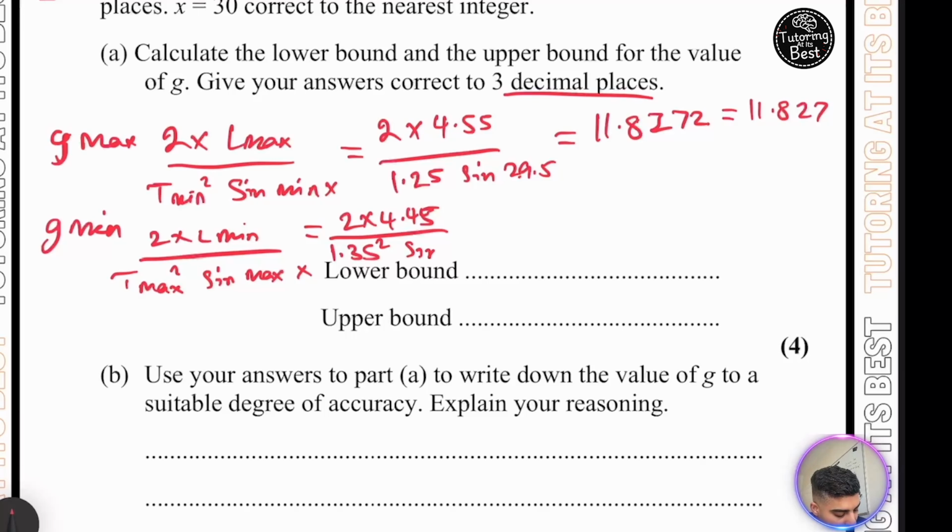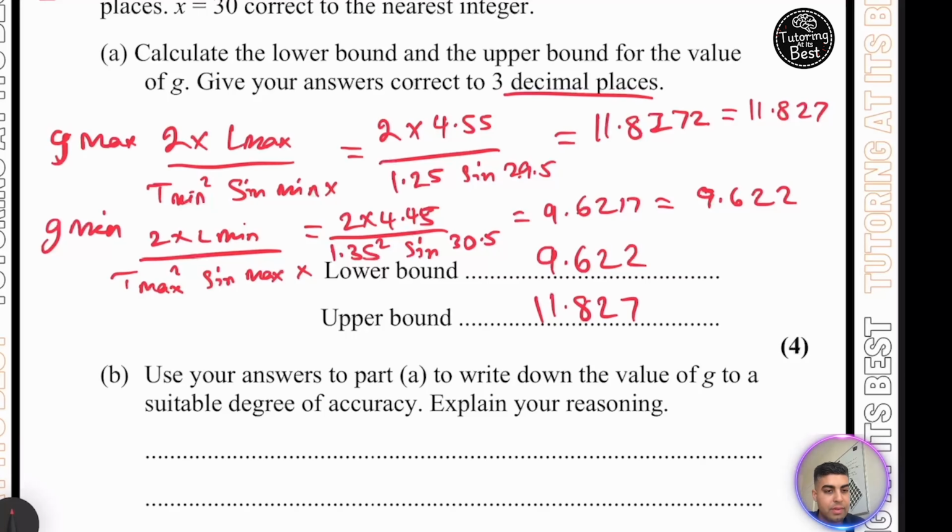We square that with this side value, but this time the upper bound is 30.5, and that again would be seen as 9.6217, or should we say 9.622 for our 3 decimal place. So essentially we have 9.622 for the lower bound, or for the upper bound 11.827, and there we are. That's our question calculated.